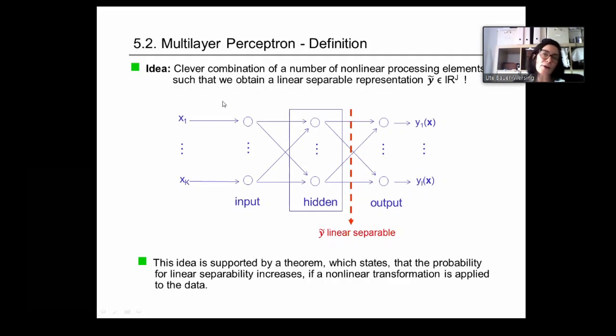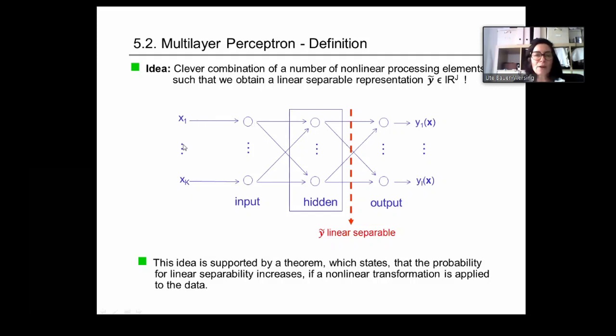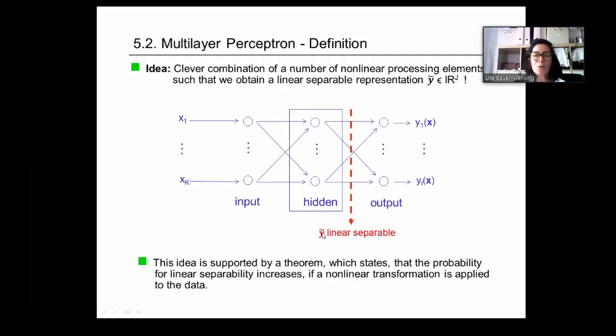So when we look at the architecture of the multi-layer perceptron, on the right-hand side we have our inputs x1 to xk. And then we have a hidden layer, which consists of a number of nonlinear processing elements, neurons. These neurons are transforming the original problem into an output vector, which I called y tilde, that is linear separable.